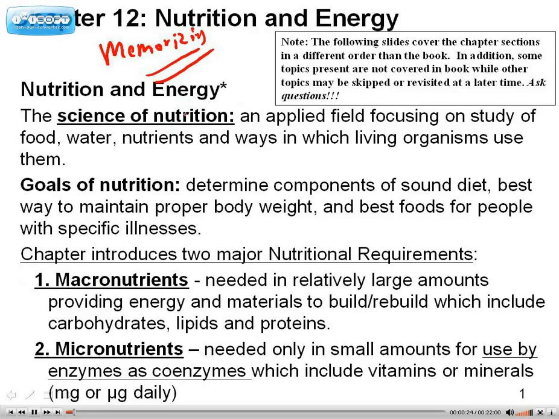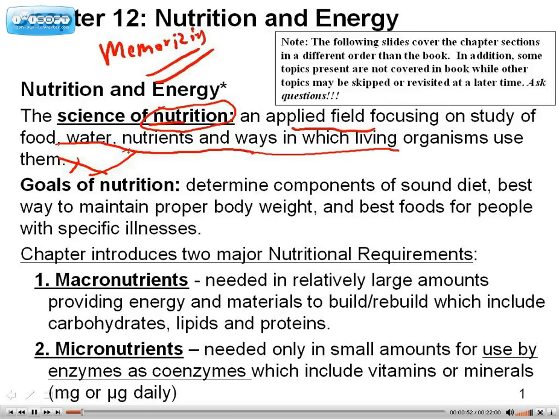So, the science of nutrition is an applied field focusing on the study of food, water, nutrients, and ways in which living organisms use them. So, we study in nutritional chemistry how biochemicals, which are related to food nutrients, maintain an organism.